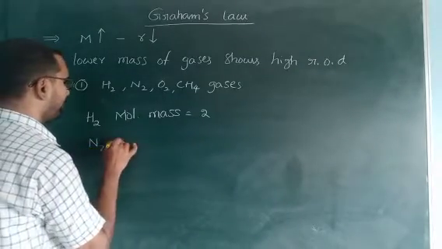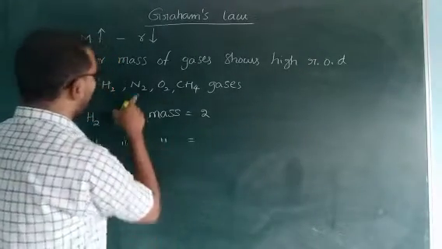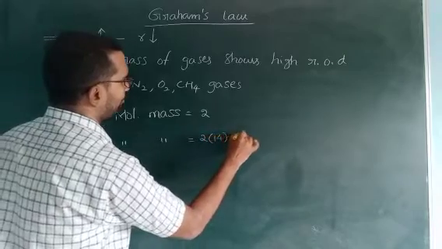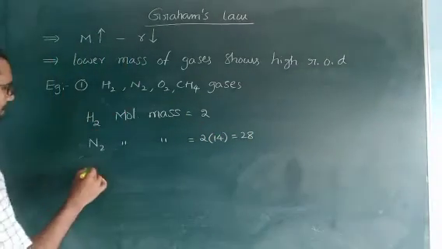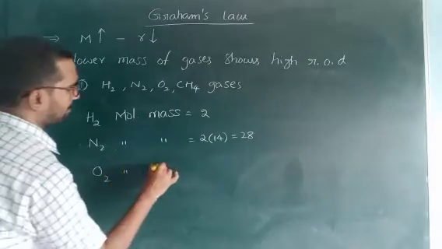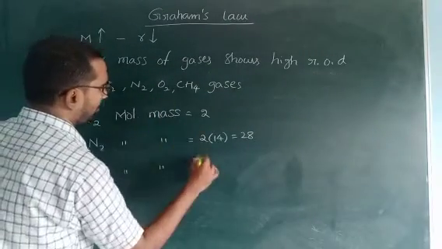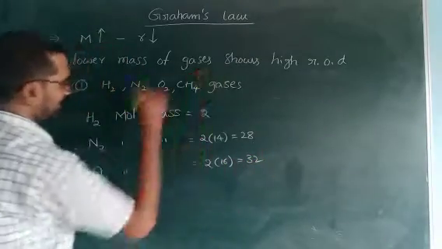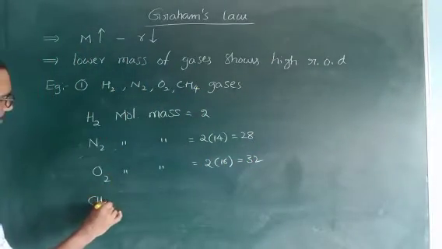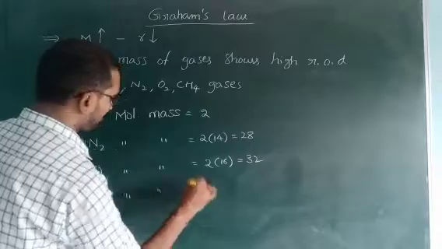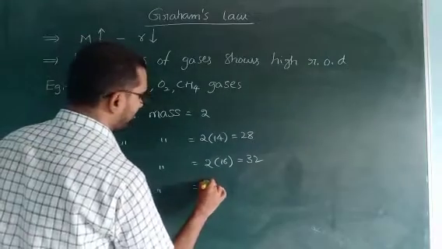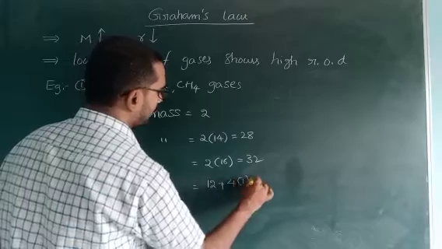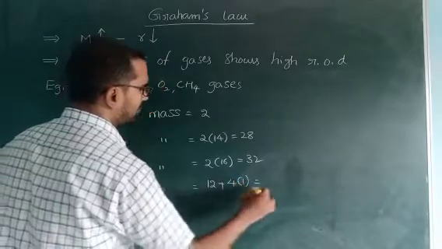N2, molecular mass is equal to 2 into nitrogen atomic mass 14, so 28. Third one, oxygen, molecular mass is equal to 2 into oxygen atomic mass 16, so 32. Next, CH4, molecular mass is equal to carbon 12 plus hydrogen 4 into 1, so 12 plus 4, 16.